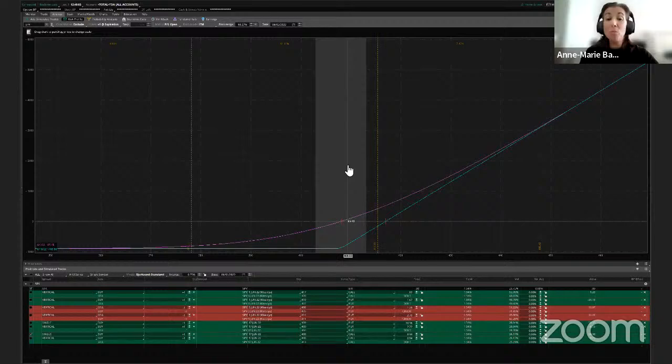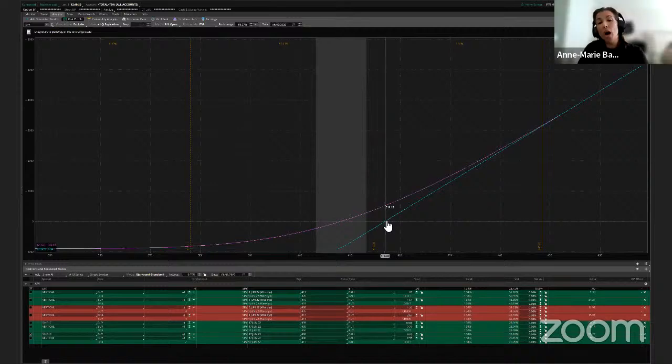Now, here's what we want to talk about. Remember, the pink line shows real time and the cyan line tells us what happens at expiration. Okay, so literally price action has got to be above $417 or so before you make any money whatsoever.